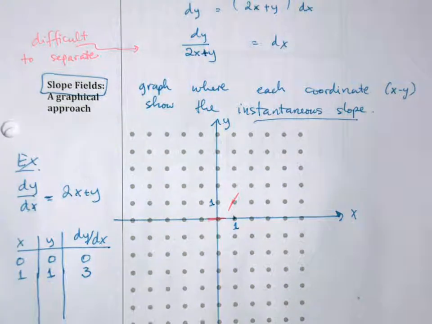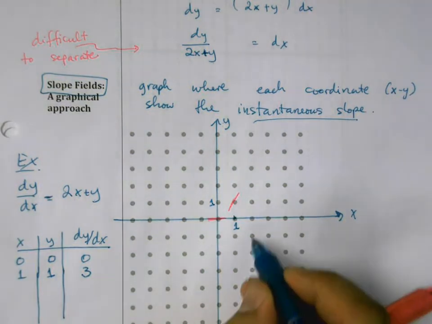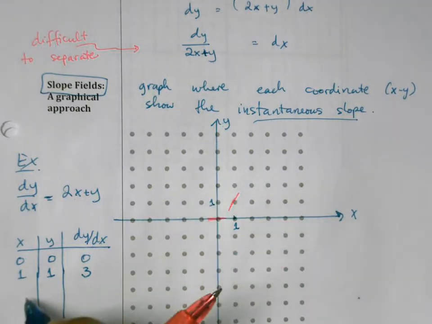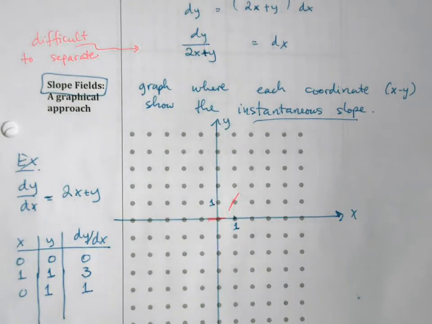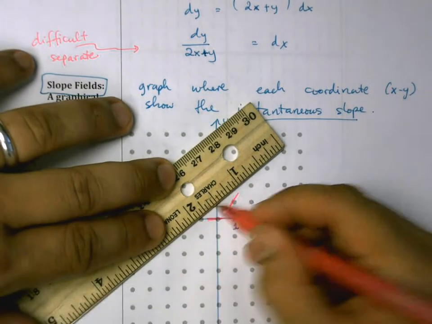Let's try a couple more. I always like to go in sort of a square pattern around the origin. So let's try 0, 1. In this case, x is 0, y is 1, so the slope is 1. So at 0, 1, the slope looks approximately like this.